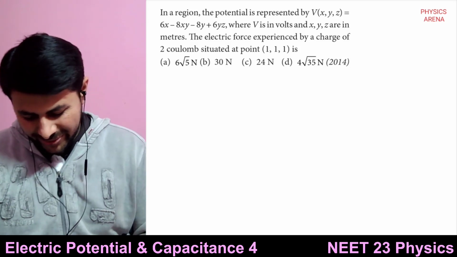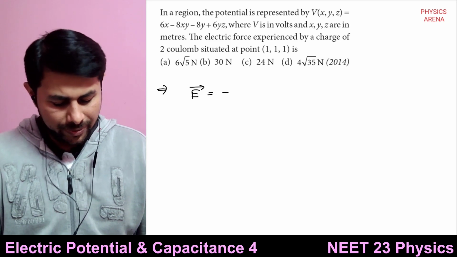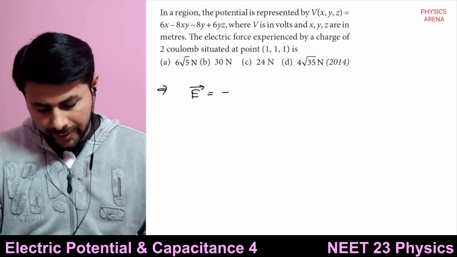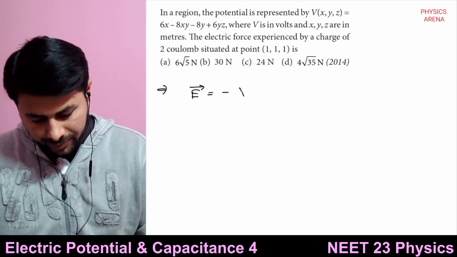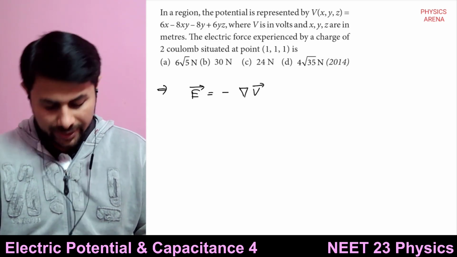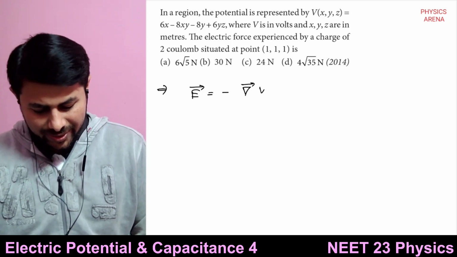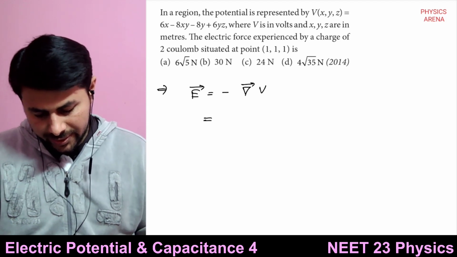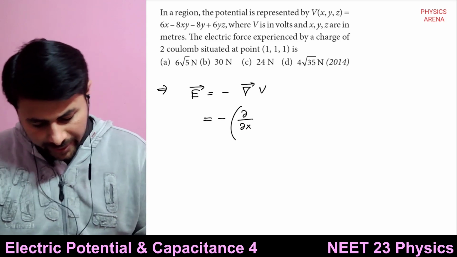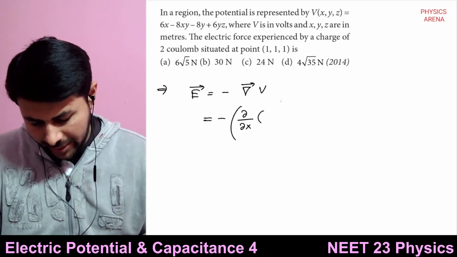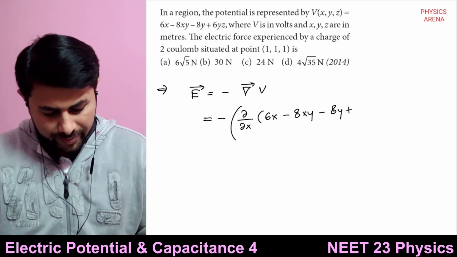So what is the electric field? It is the negative of the gradient of potential. So electric field is minus of the gradient of potential, so minus del bar acting on V, and that is equal to minus of del by del x of V times i cap, where V is 6x minus 8xy minus 8y plus 6yz.